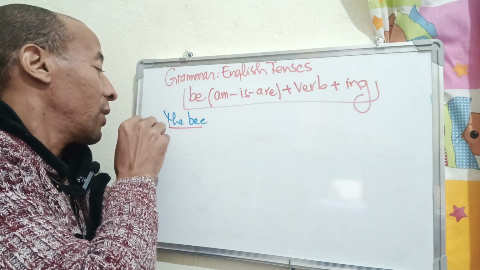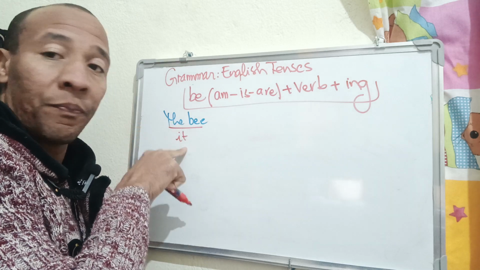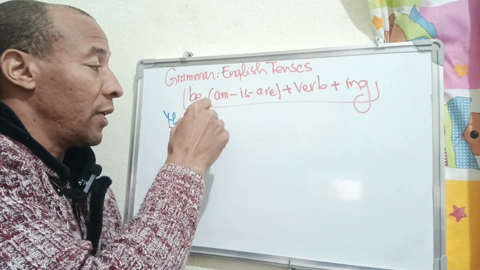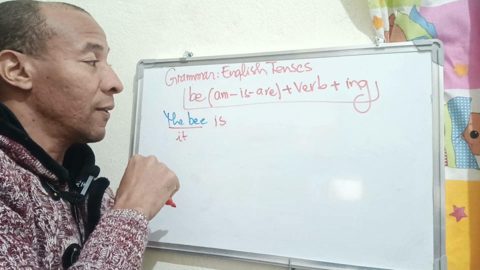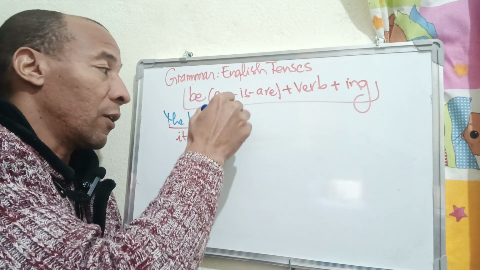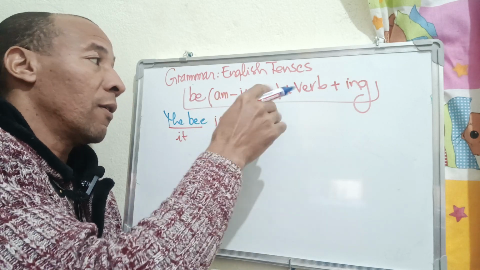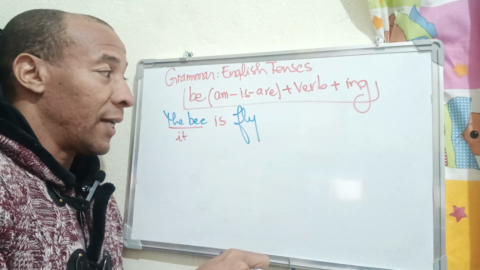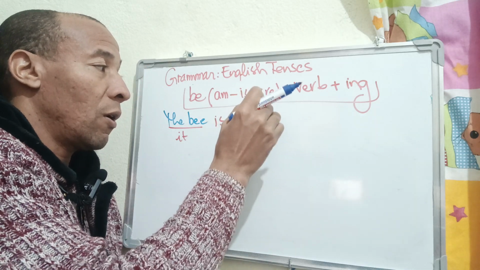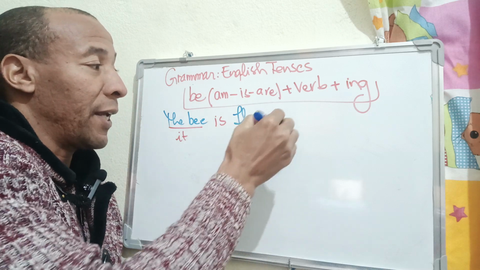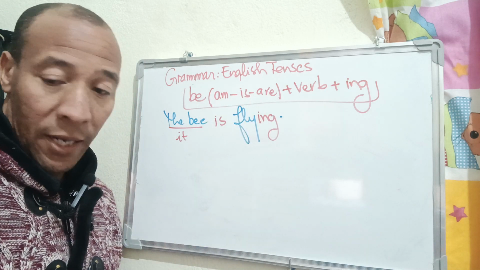So we can say it. So غنستعملو is. So we can say the bee is. Okay, what verb? Fly. غنحطو الverb هو plus verb, and then we add ing. So the bee is flying. Very good. Nice.